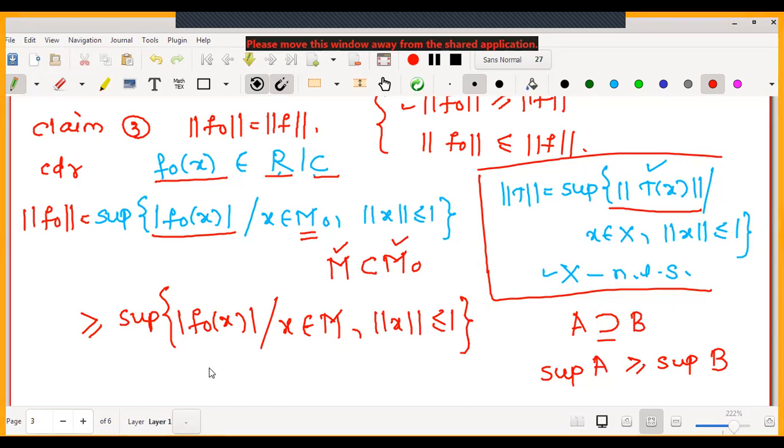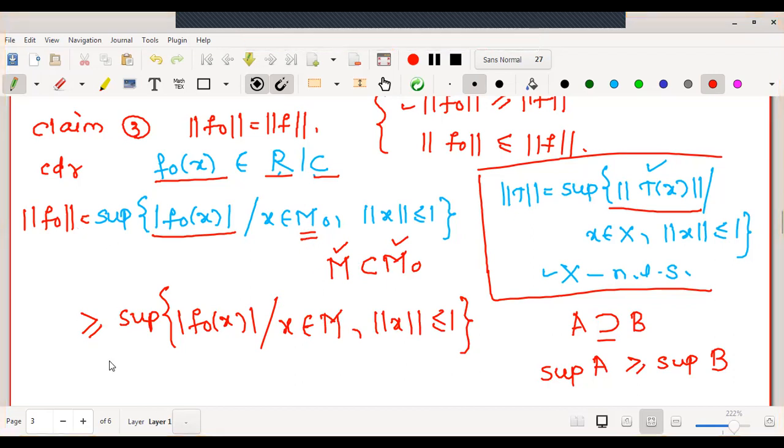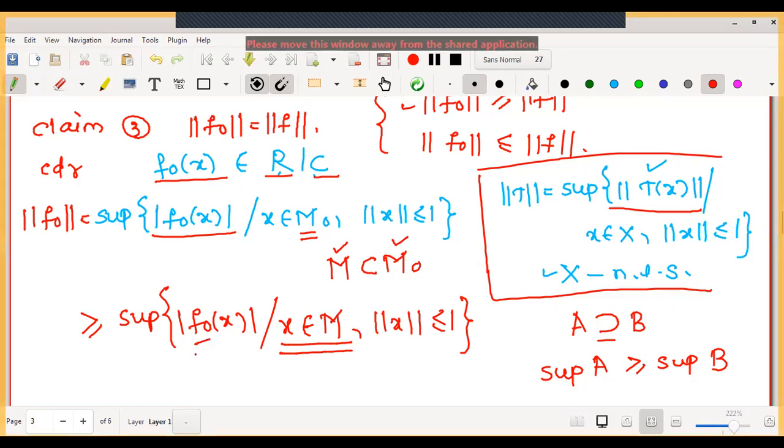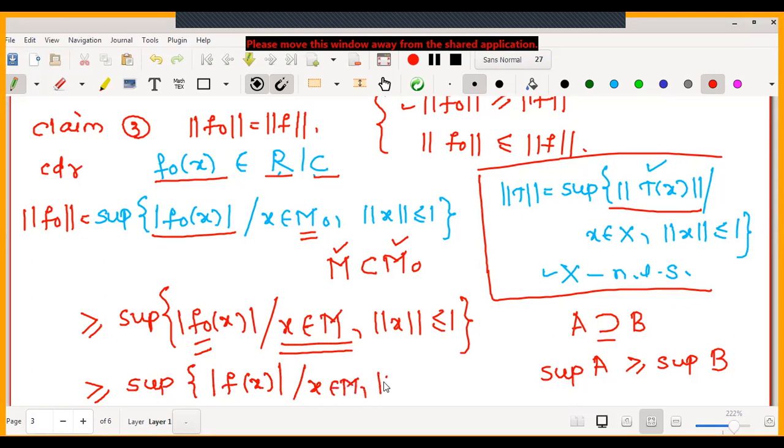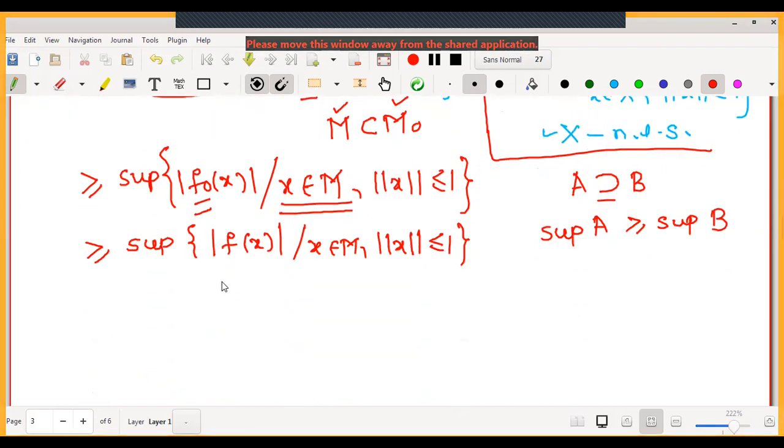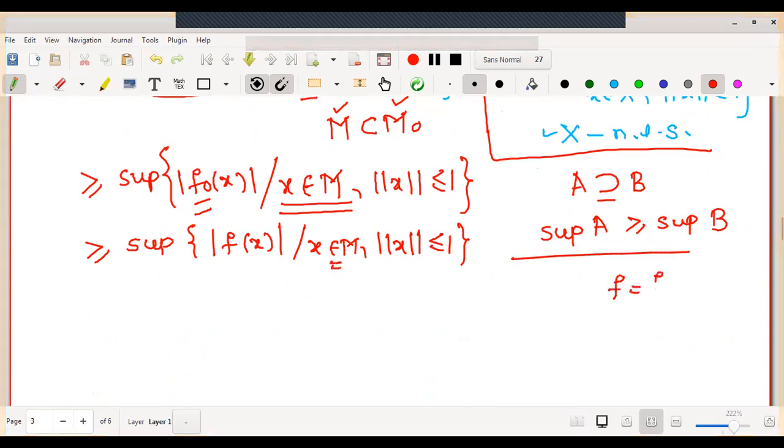Okay. Now look at this step we have written. In the supremum, the base set we have changed from M naught to M. That's why equal to becomes greater or equal here. But as now we are dealing with only the elements of M, what is the effect on f naught? It will be simply f, right? Therefore, may I write this as the supremum of mod f of x, x is in M and norm x is less than or equal to 1, because for the elements of M we have already written f is equal to f naught on M in the previous step.